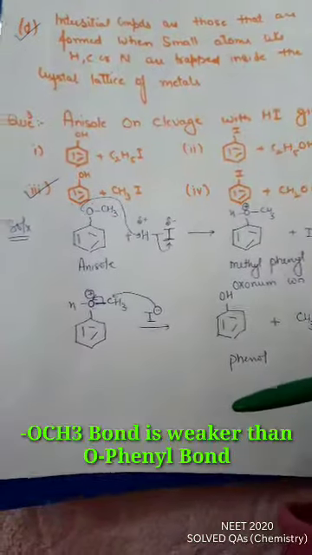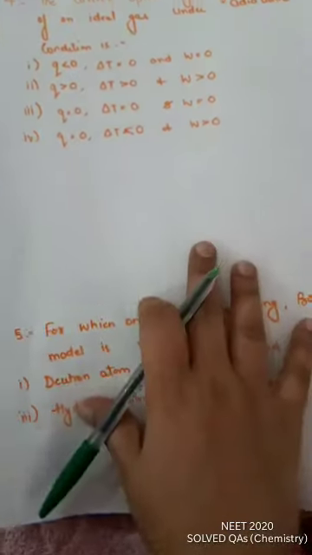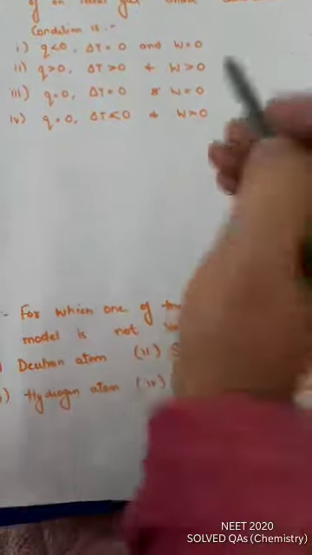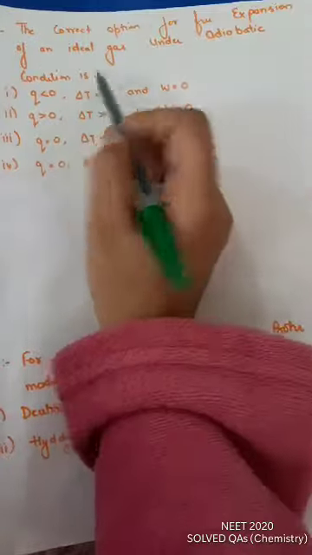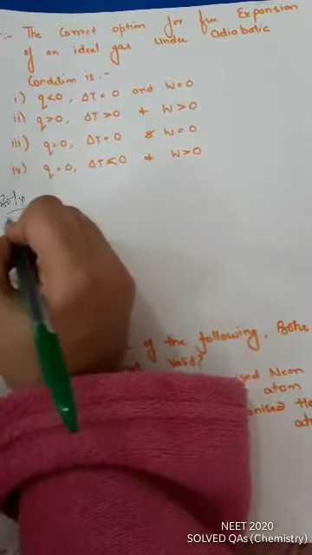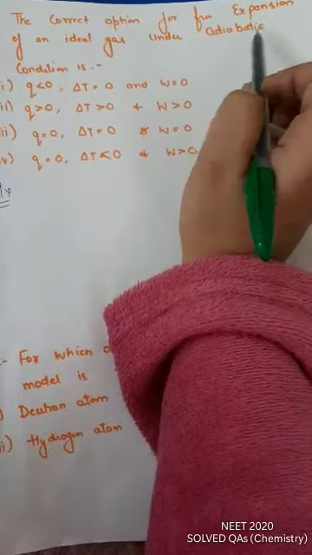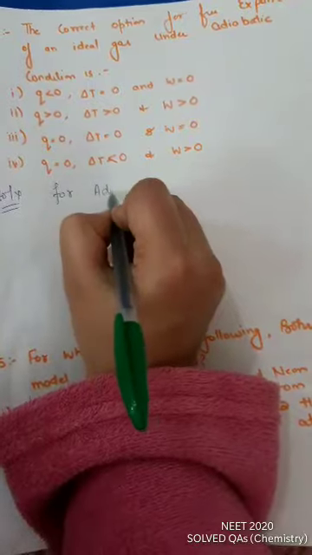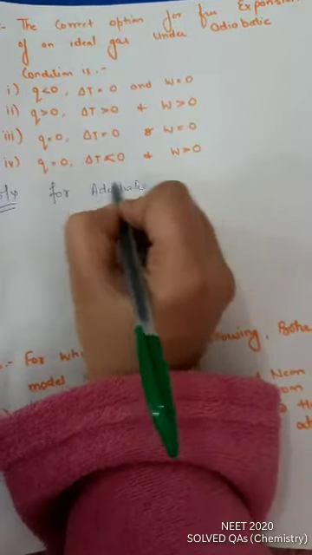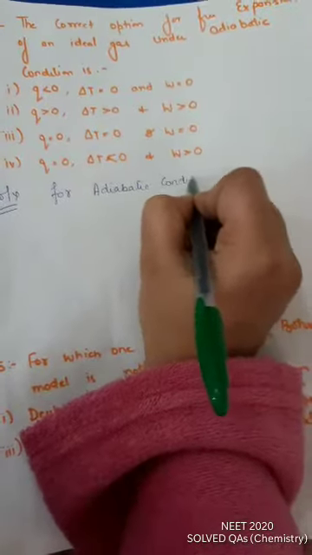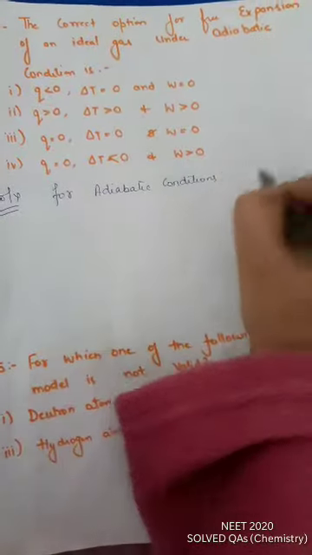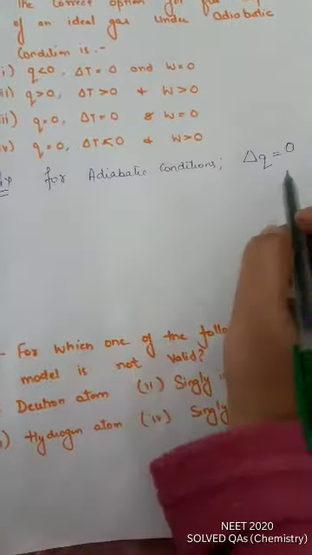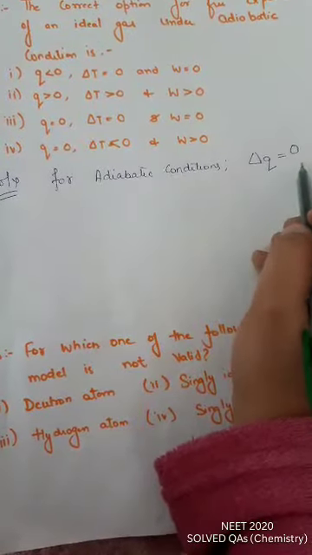Okay, now the next question is: what is the correct option for the free expansion of an ideal gas under adiabatic conditions? They have given us the adiabatic condition. For adiabatic conditions, the change in heat, del Q, is always equal to 0.